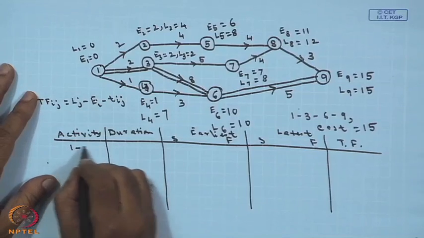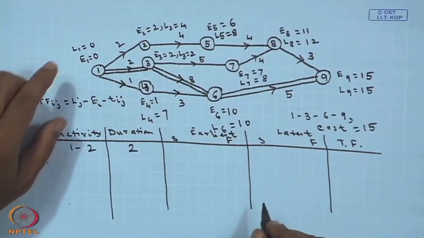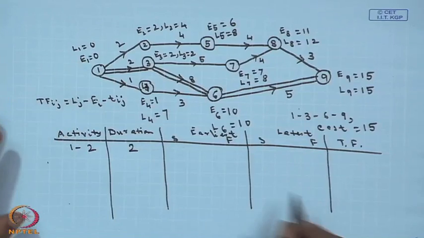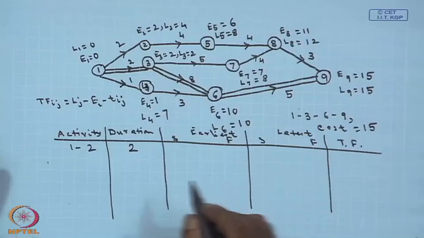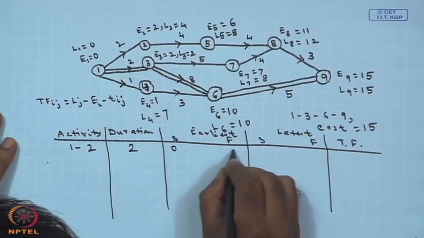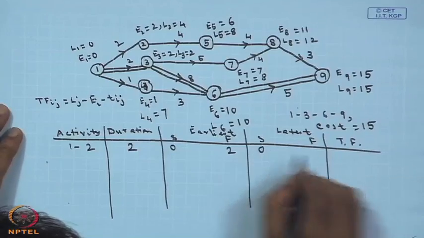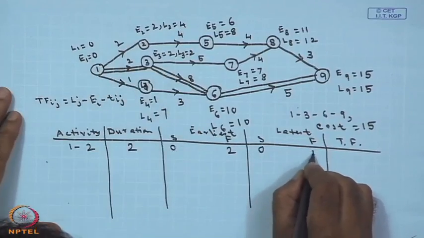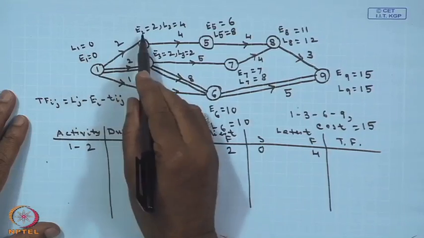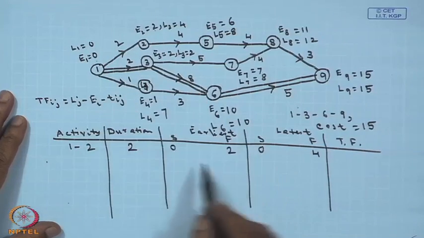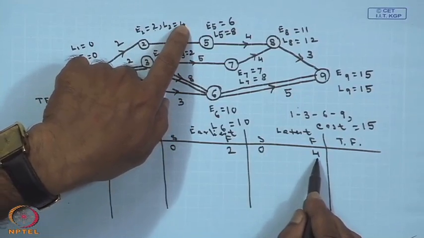Your activity is 1 2, and from the table the duration is 2. The earliest start time and finishing time are 0 and 2, and the latest start time and finishing time are 0 and 4, L 2 is 4. So, the earliest start time is 0, the earliest finishing time is 2, and L 2 is 4. So, I have written 4.